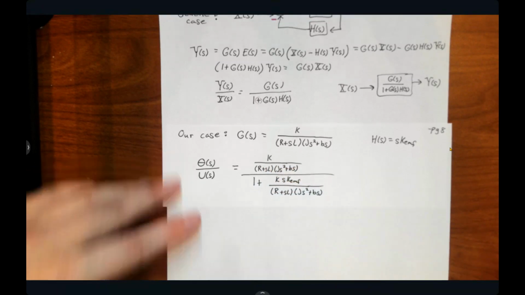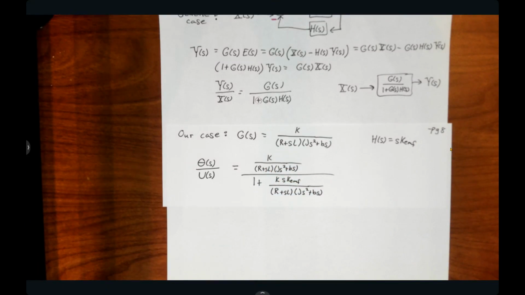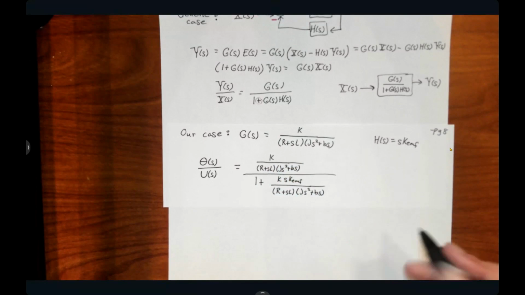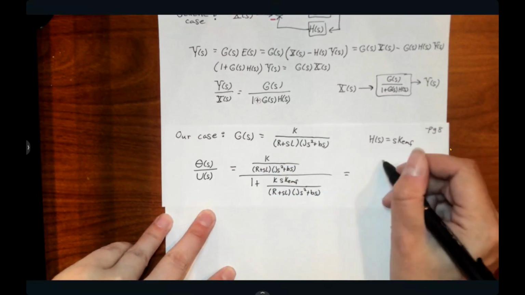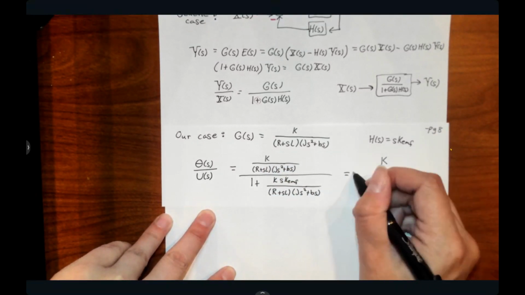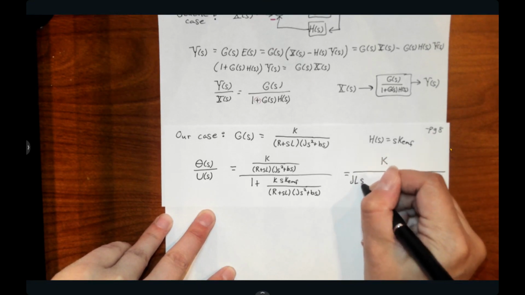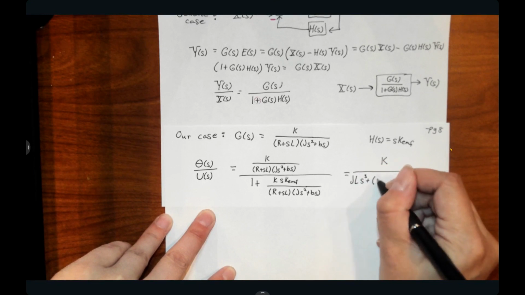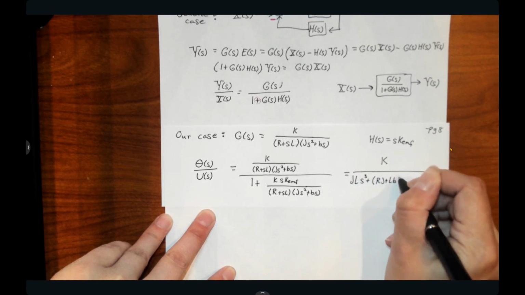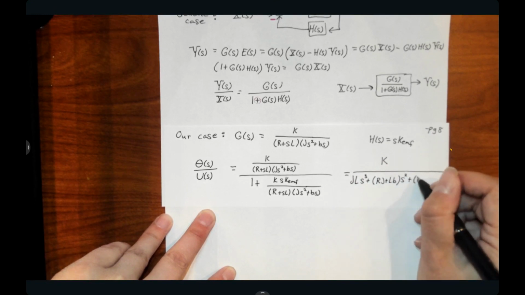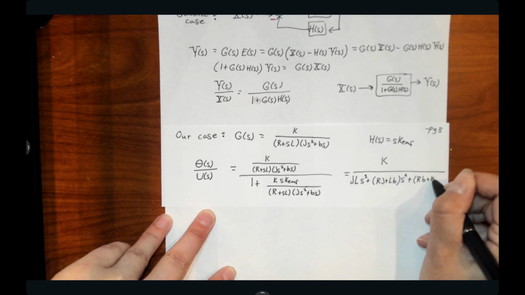All right, so what I want to do is get it into just a polynomial on top and bottom in terms of s. So I'm going to multiply top and bottom by this denominator here, do a little bit of algebra reduction, and we're going to get J_L s cubed, plus R J_L B s squared, and then R B K_EMF.